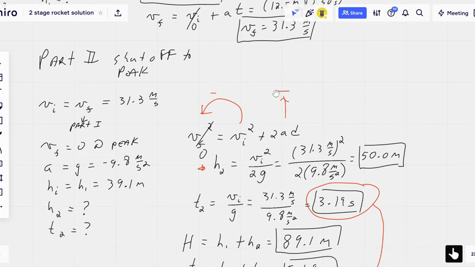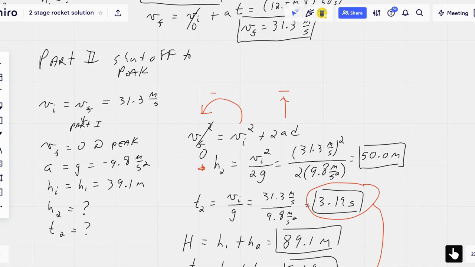So the negative signs end up canceling out here. When you look over here, you'll wonder why there are no negatives for 9.8 for gravity. That's why it got canceled out. So my displacement equation becomes the initial velocity squared divided by 2 times gravity. Put the numbers in, I get 50 meters. So that means that when the engine shut off, the rocket continues to rise an additional 50.0 meters.